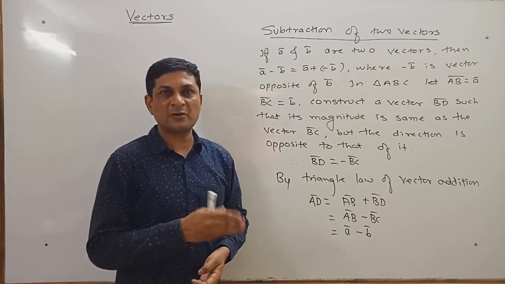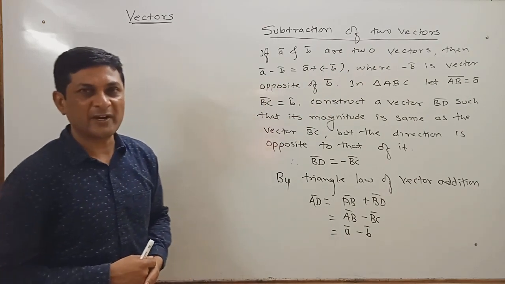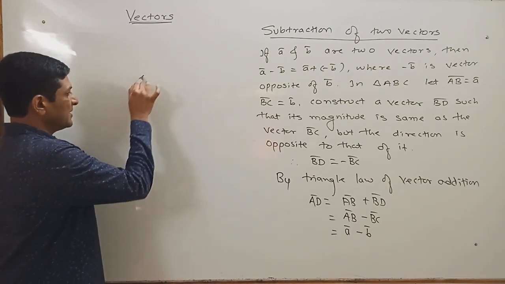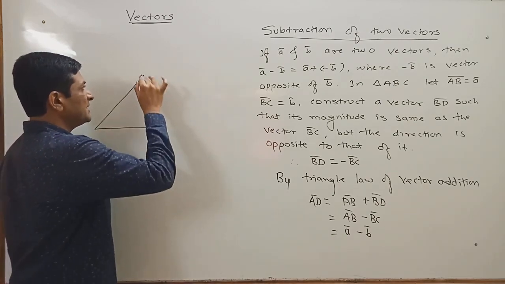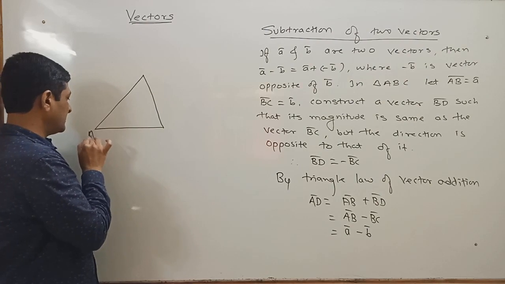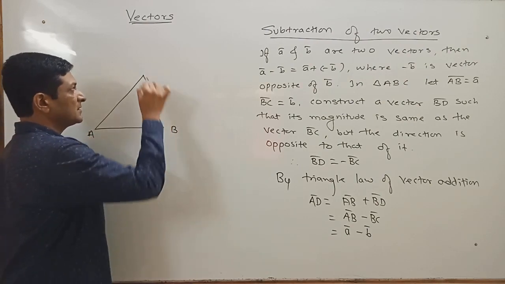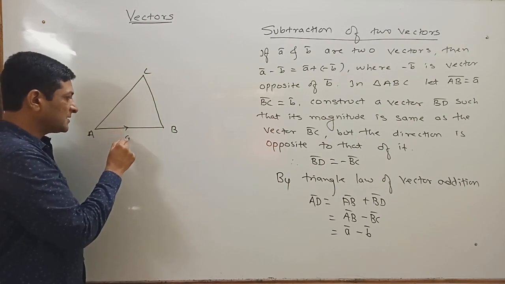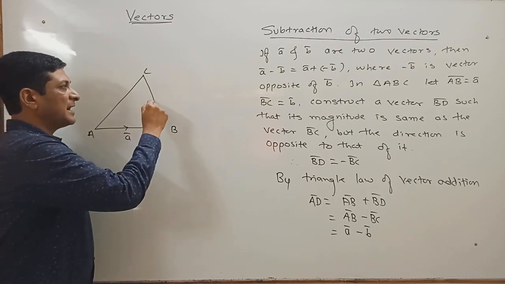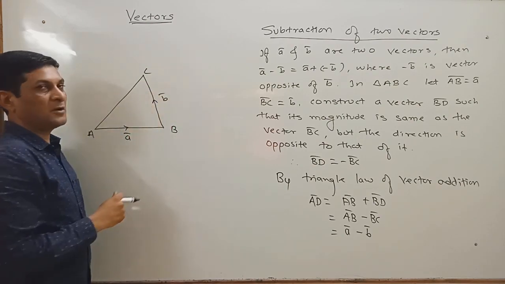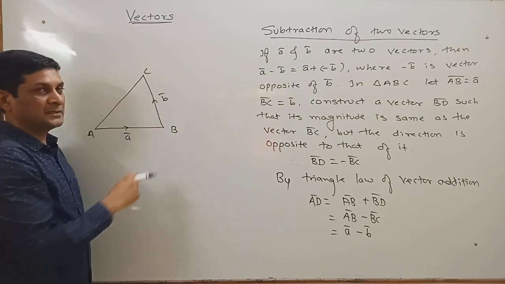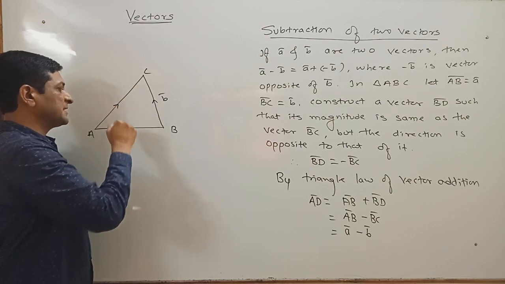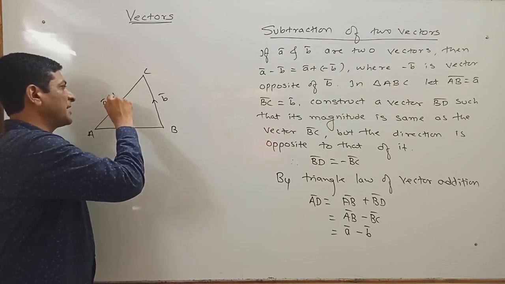So let us try to find the method to find subtraction with the help of a triangle. Construct one triangle. Let ABC be one triangle, and I am supposing that A bar is a vector along AB bar and B bar is a vector along BC bar. Then according to the triangle law of vector addition, the third side will represent their resultant, means the third side will be A bar plus B bar.